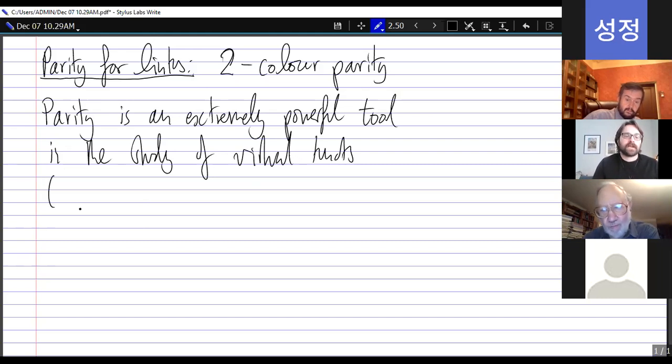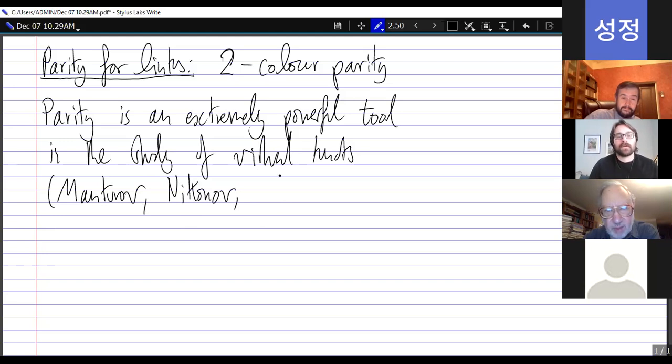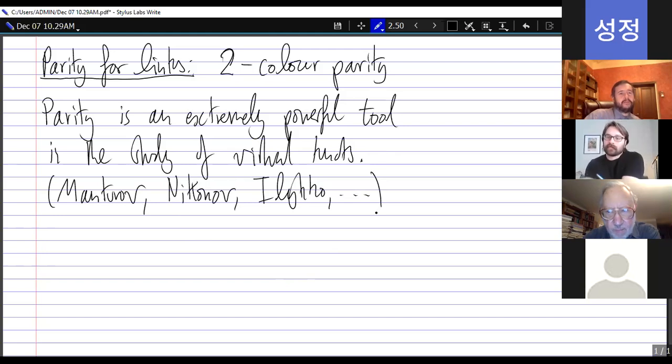And the concept of parity is of course due to our host today, Vasily Manturov, and then it's later developed and extended by many people, including people in the audience today, Nikonov, Ilyutko, and many more. Well, I would even say that maybe the first mention of parity was due to Louis Kauffman when he was talking about something like even, right.